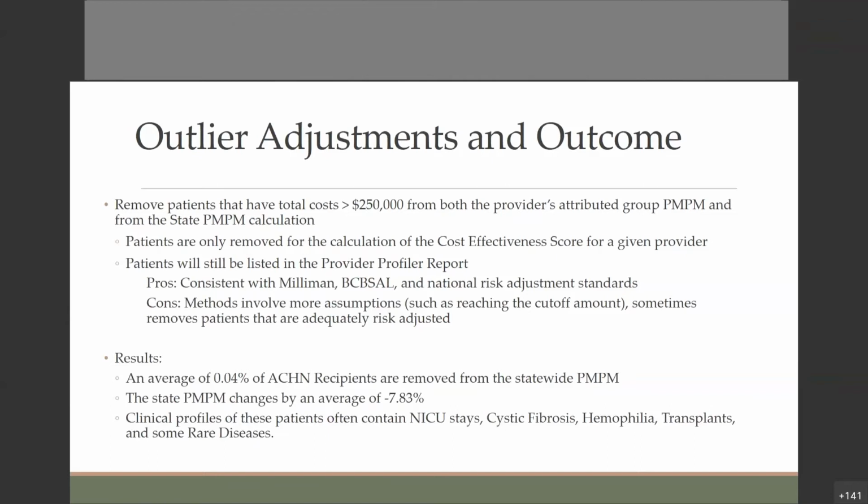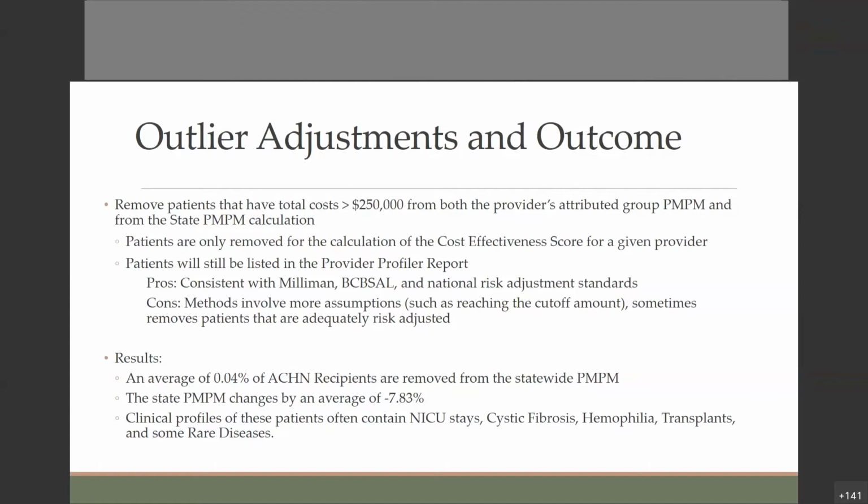So some reasons that we've started to do this is because it is consistent with what Milliman has told us, with what Blue Cross Blue Shield of Alabama is also doing in their payments. And there's also national risk adjustment standards that say that this is a good method to adjust cost effectiveness.